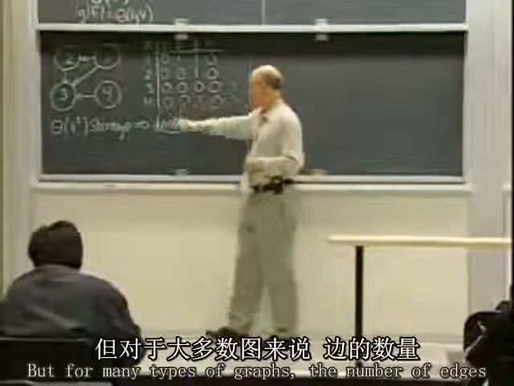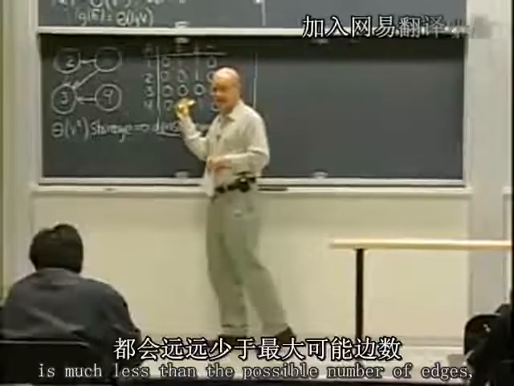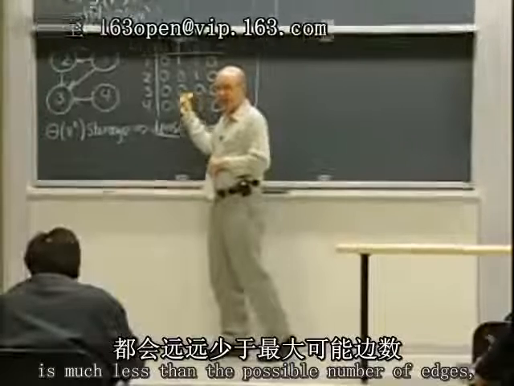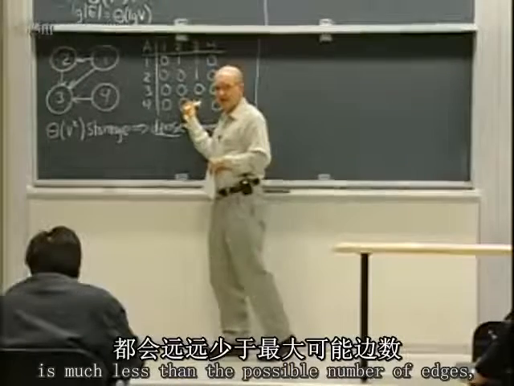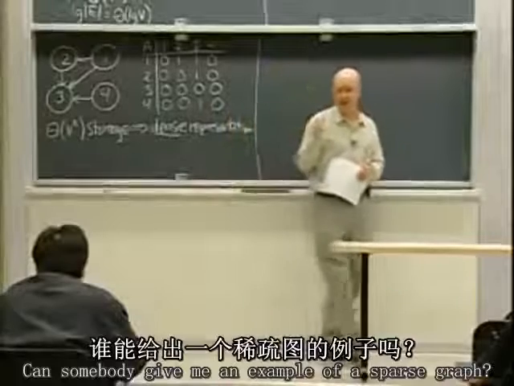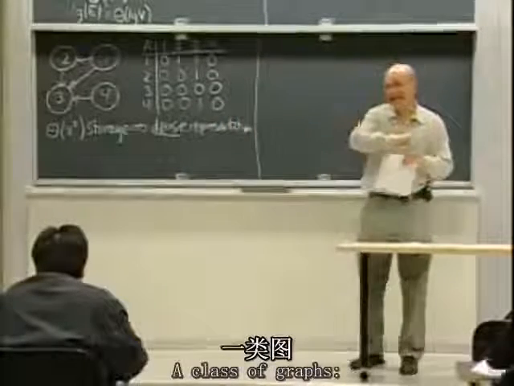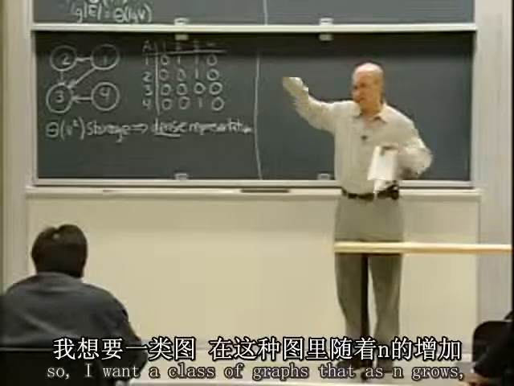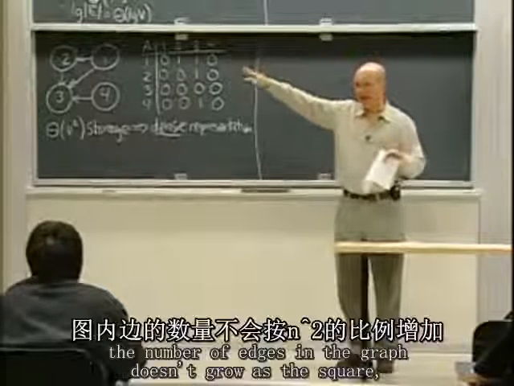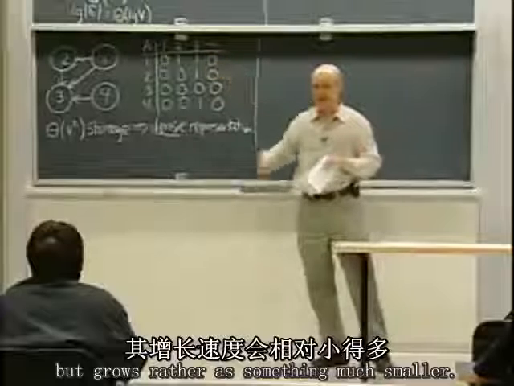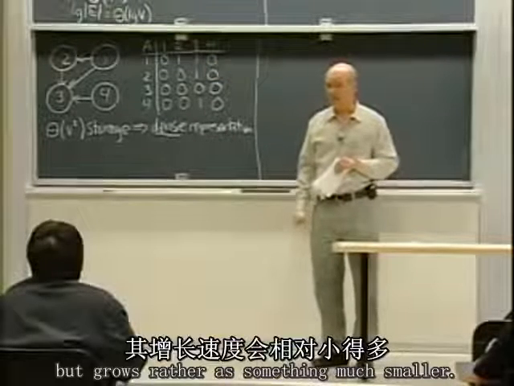But for many types of graphs, the number of edges is much less than the possible number of edges, in which case we say the graph is sparse. Can somebody give me an example of a sparse graph? A class of graphs, so I want a class of graphs where, as n grows, the number of edges doesn't grow as the square, but grows as something much smaller.